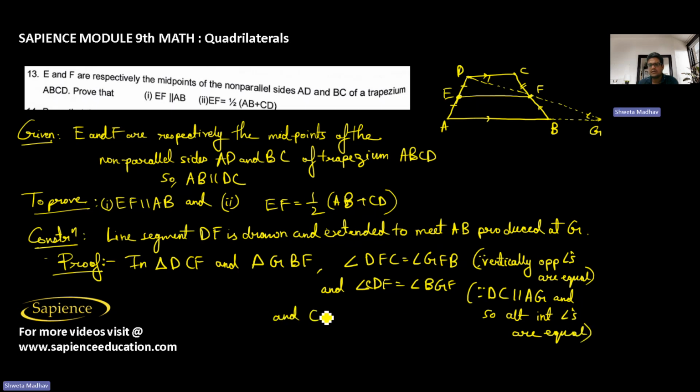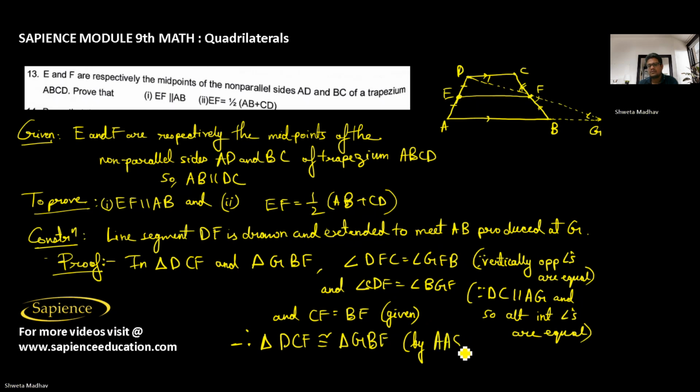And also CF equals BF, since it is given that F is the midpoint of BC. So we have used two angles and the non-included sides are also equal. Therefore triangle DCF is congruent to triangle GBF by the AAS rule of congruency.